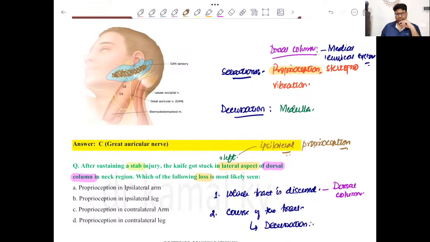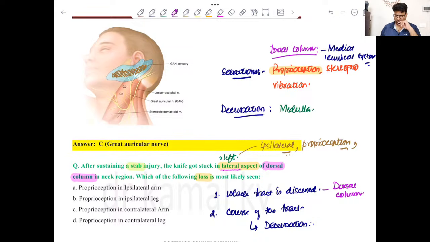Now the third point which you have to answer here is whether it is in the arm or the leg. Would the sensory loss occur in the upper limb or the leg? To get to the point, you have to notice this: lateral part of the dorsal column.